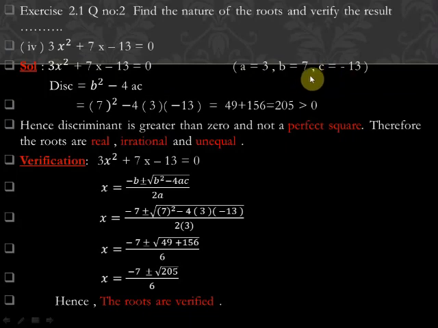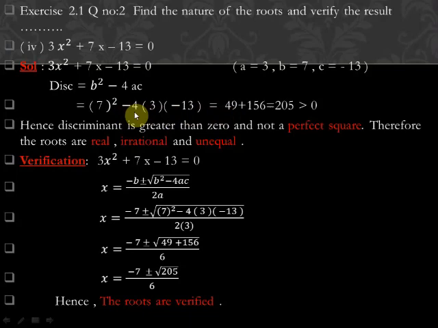Now substituting all the values of these constants a, b, c in the discriminant, we will get 7 square minus 4 into 3 into minus 13. 7 square is 49.